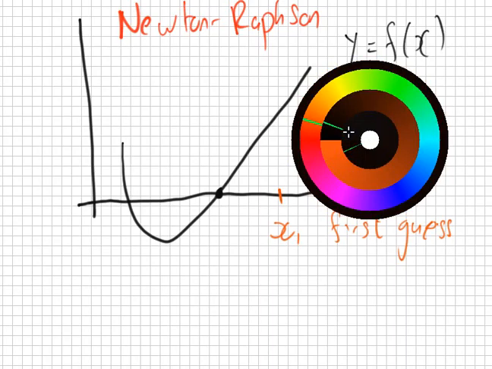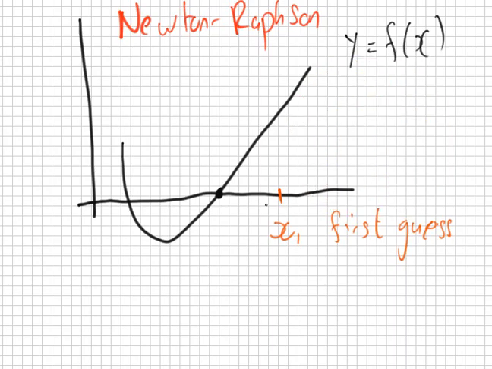Now if you look at this diagram, you can see that this is definitely not the root because the root is right here. So this is the root. And we're trying to get to there starting from here. And of course we don't know where this is. So what we do is we go up to here, and this point here we can find. This one here will be the point x1, f(x1).